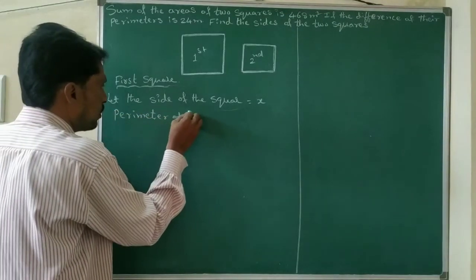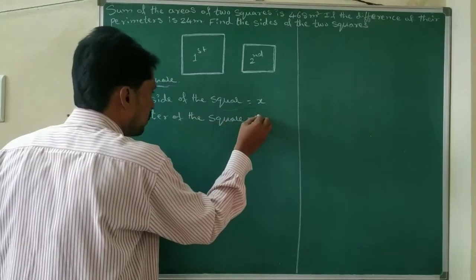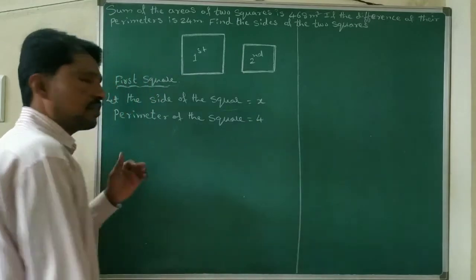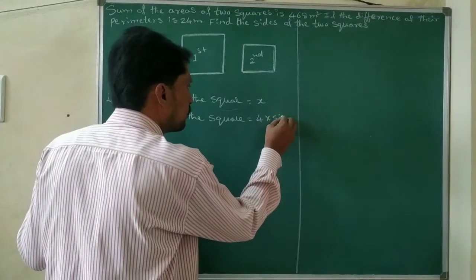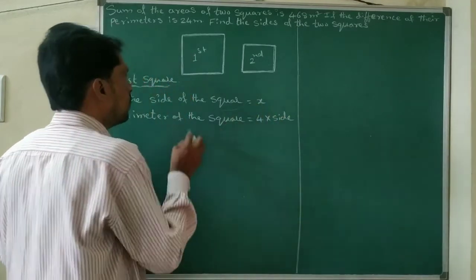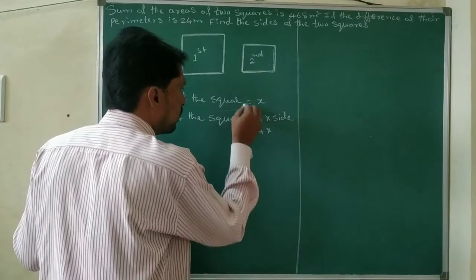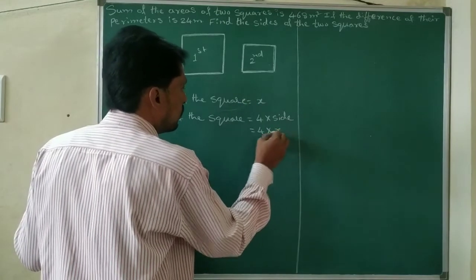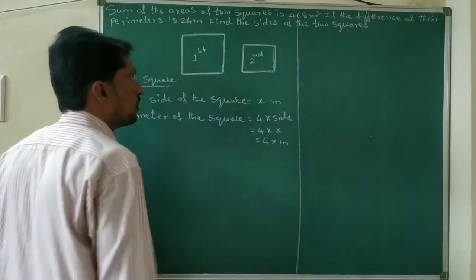Perimeter of the square, we know the formula. What is the perimeter of the square? That is 4 into side. Here the side is x, means 4 into x, that equals 4x meters.